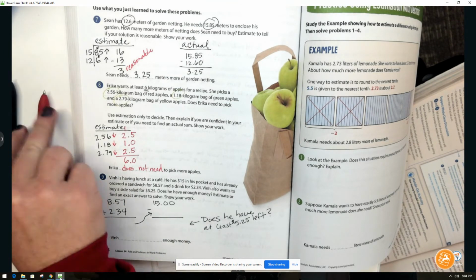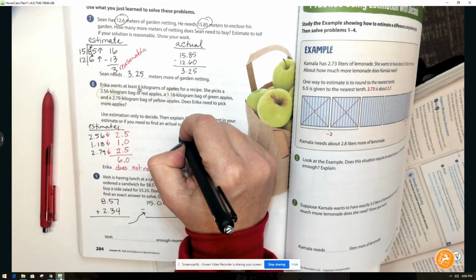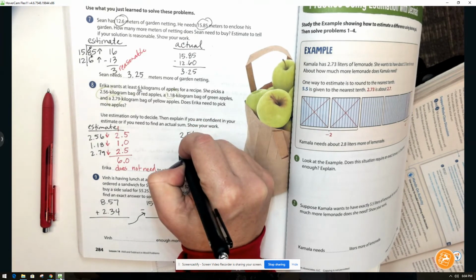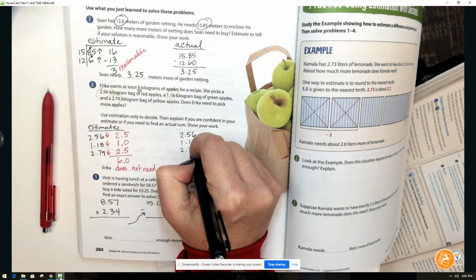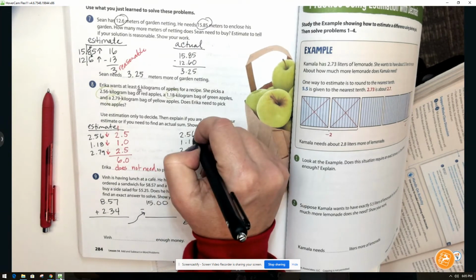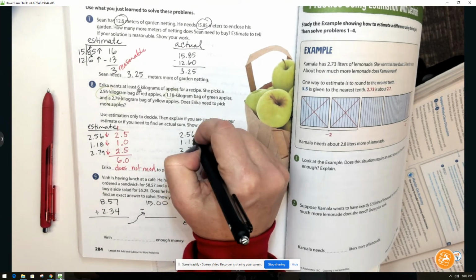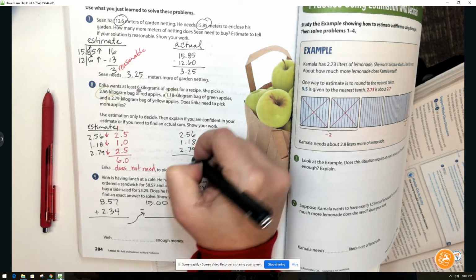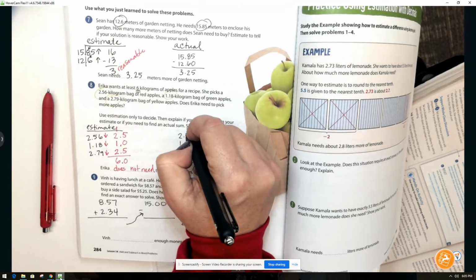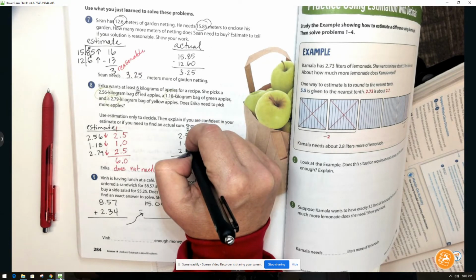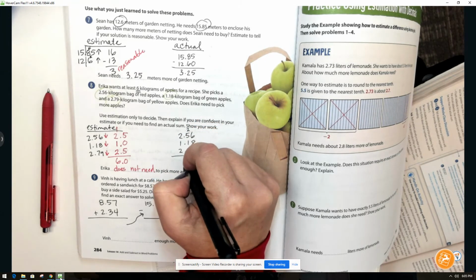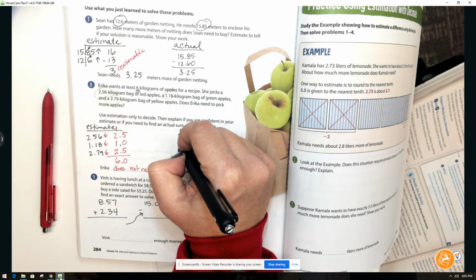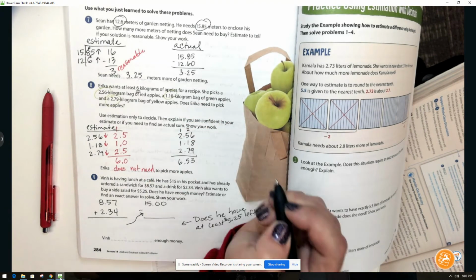Just for kicks, I'm going to go ahead and add all of those together to show that she does actually have more than 6 kilograms. 6 plus 8 is 14. 14 plus 9 is 23. 2 plus 5 is 7. 7 plus 1 is 8. 8 plus 7 is 15. 1 plus 2 is 3. 3 plus 1 is 4. 4 plus 2 is 6.